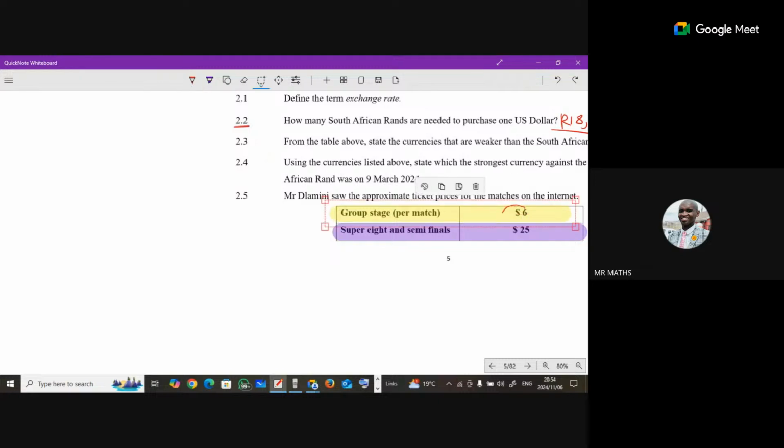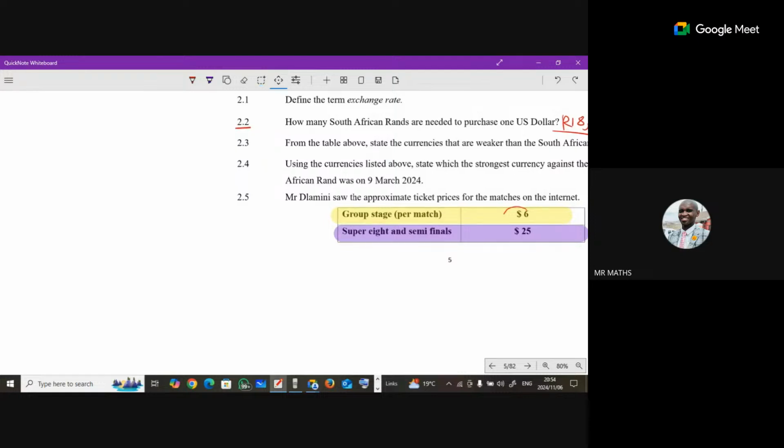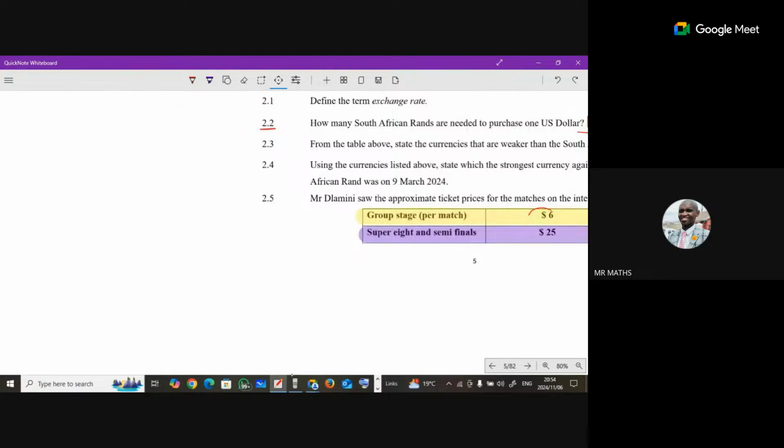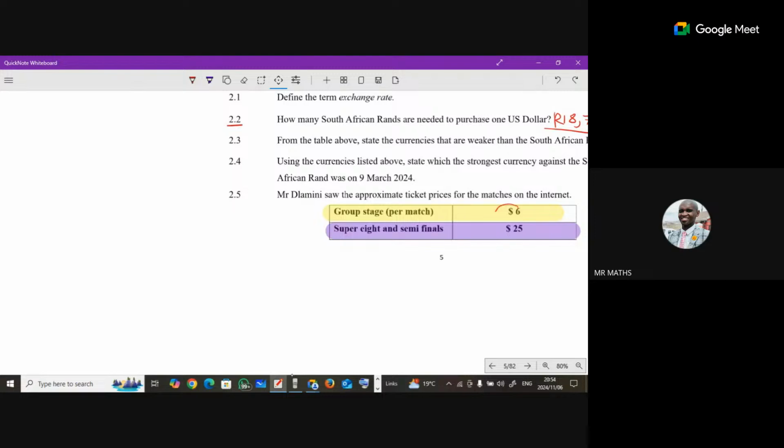So they want to attend 3. We are going to take $6 and multiply it by 3 because they want to attend 3 matches. Then over here, they want to attend 1 match and 1 match.